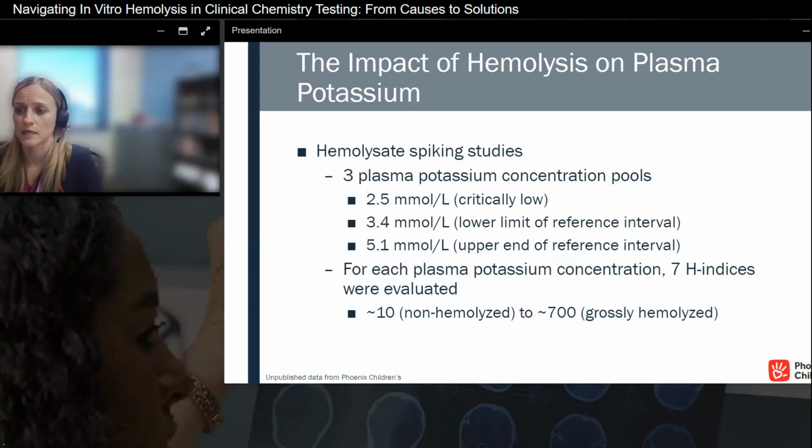For each plasma potassium concentration pool, 7 H indices were prepared, varying from non-hemolyzed to grossly hemolyzed. So for each of these 3 plasma pools, there were 7 varying levels of hemolysis.